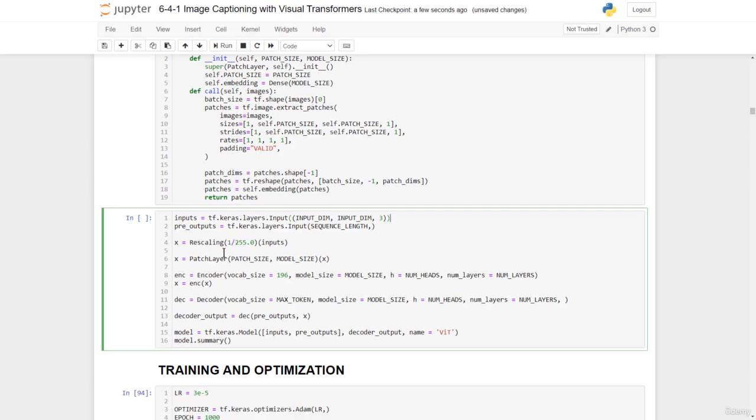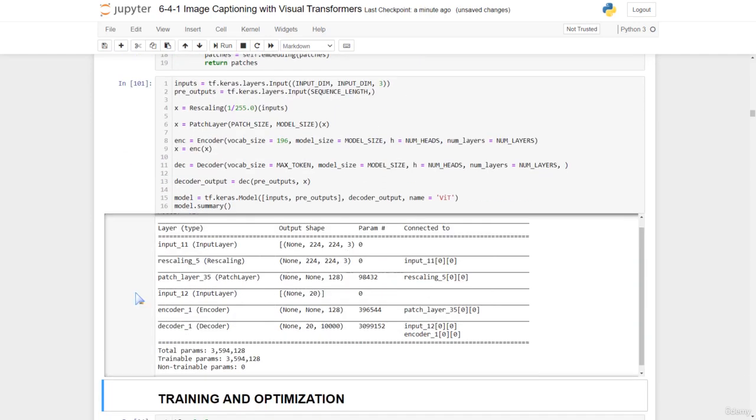We rescale, and we pass this rescaled input into the patch layer. We specify the patch size and the model size, and after specifying this, we get this output. This output now is passed into the encoder layer here, and then the output from this encoder is passed into the decoder together with the pre-outputs. Then we have our model which takes in the inputs and the pre-outputs, and has the decoder output. So let's run this.